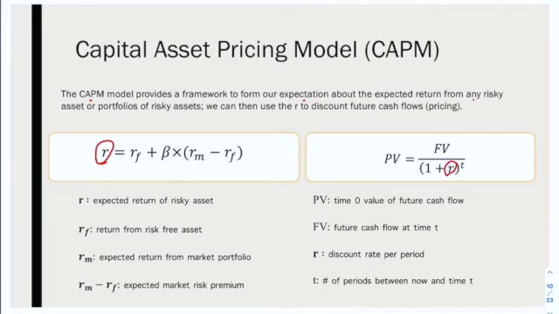And we can use the R as a discount rate for any future cash flows involved in a financial asset. Then we can discount the future cash flows using the R back to the present to get the present value of the financial asset, which should be the intrinsic value or the fair price. Okay?